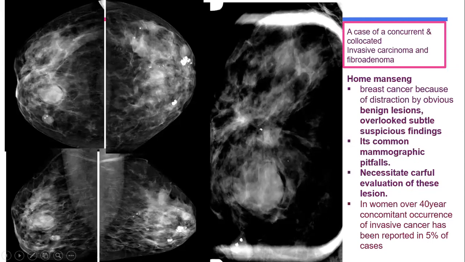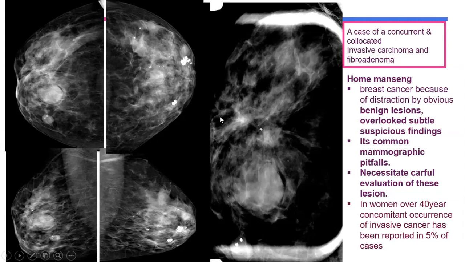And this is a case of concordant, collocated invasive cancer and a fibroadenoma. Interesting case. Can you see it here? Can you see it here? See, circumscribed, while the borders here are being involved by the adjacent spiculated mass.